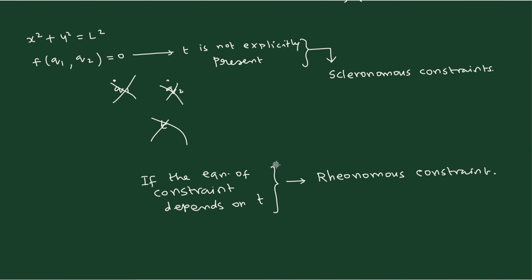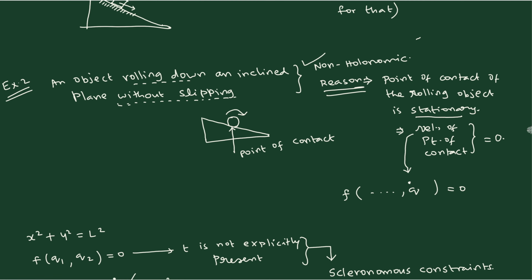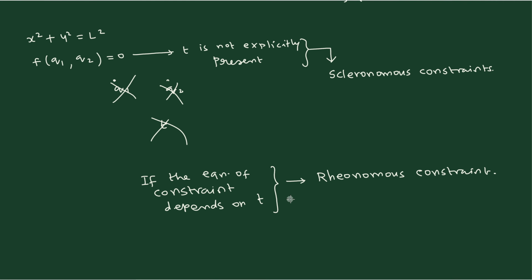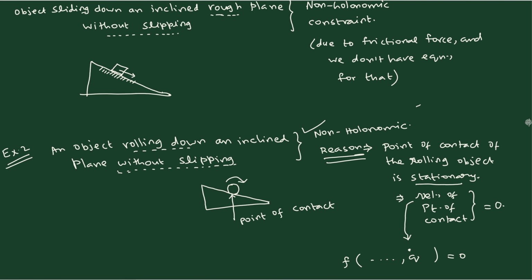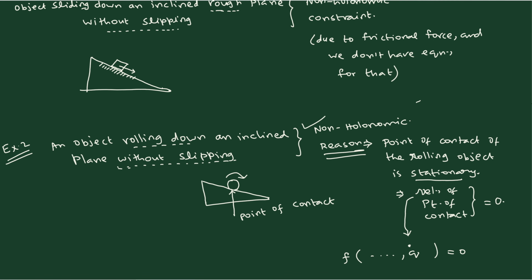So these are the basic classifications apart from the previous one, whatever we have discussed up to the previous board, where you bring the velocity into the discussion. When the velocities are present, you again classify it as non-holonomic only, but you don't give a further new name.